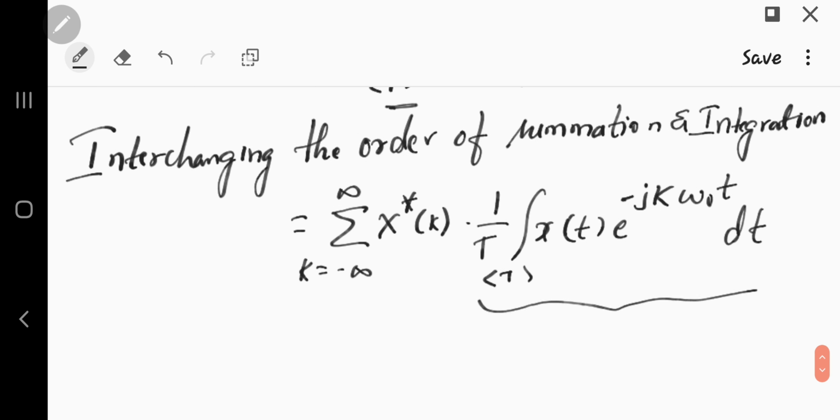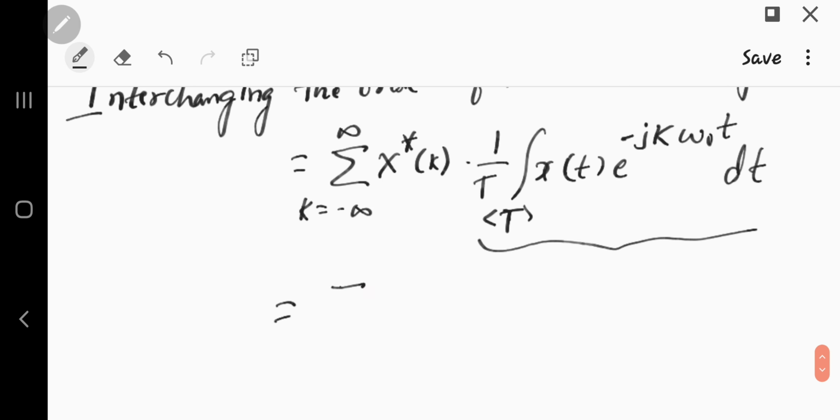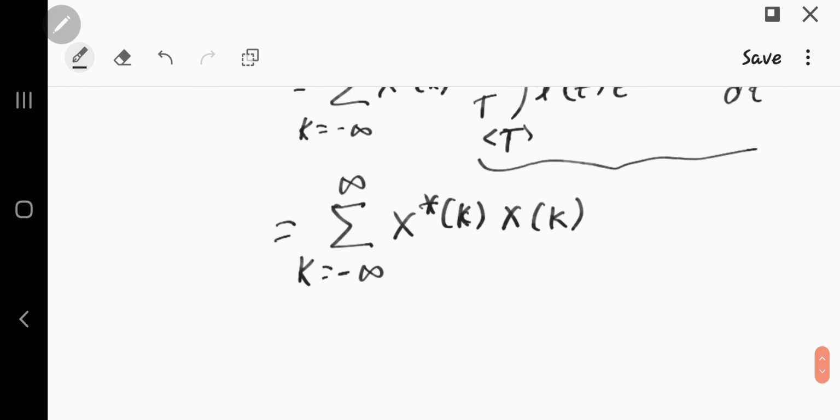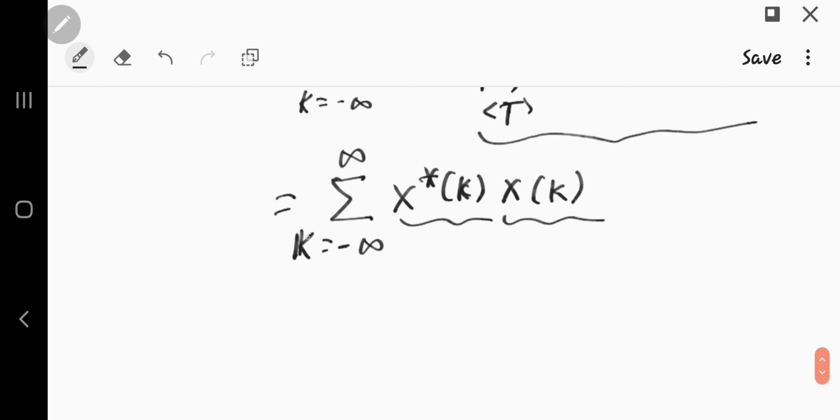Now from the analysis equation, this part of the equation is nothing but x of k. So we have the summation over k of x star of k into x of k. These are the complex conjugate version of the signal and the transformation of x of t.